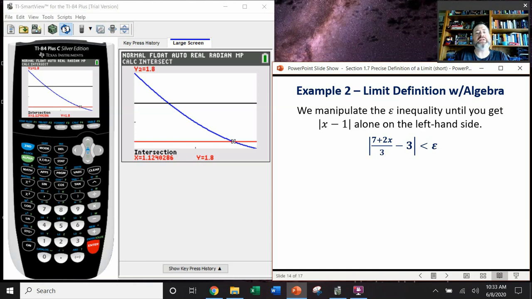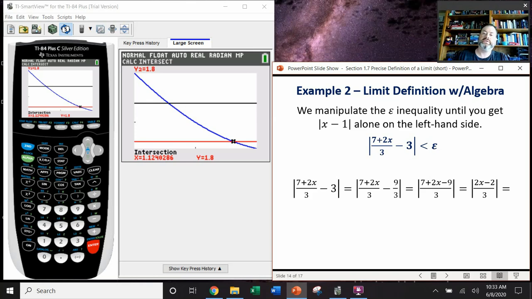So just follow the algebra. We're going to get a common denominator, subtract the fractions, and then simplify. So we start on the left-hand side. Common denominator is 3. Subtract the fractions. Simplify.